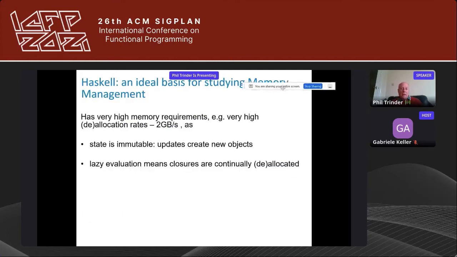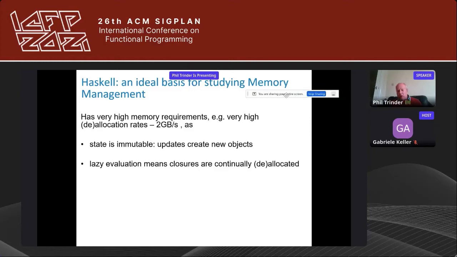So this study is about Haskell, not about Java or Python, but we think Haskell is a really interesting language. It's kind of an edge case language because it places such high demand on the memory system. It has massive allocation, deallocation rates, gigabytes a second. Why is that? Well, state is immutable. If you update a data structure, you replicate at least part of the data structure.